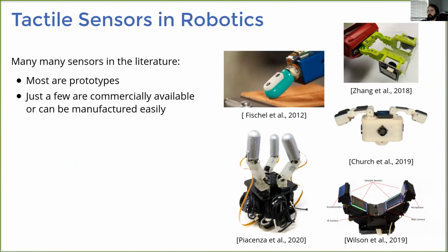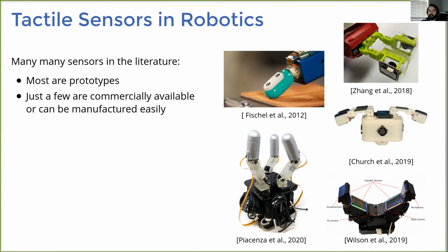So if we look at the literature in tactile sensing hardware, we all know that it's a gigantic literature. There are hundreds, thousands of papers, and here are just shown some of the most recent ones. But what strikes as peculiar is the fact that most of these sensors are effectively prototypes that will never leave the labs.